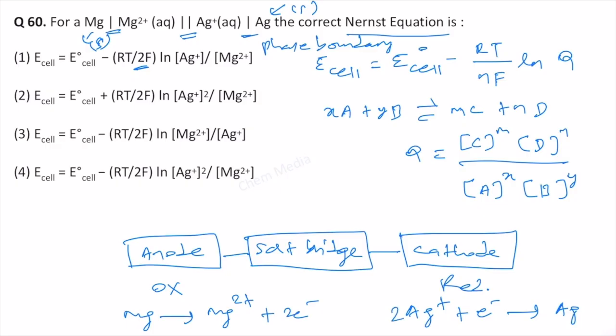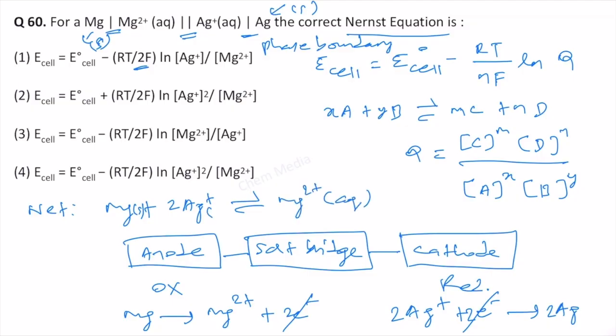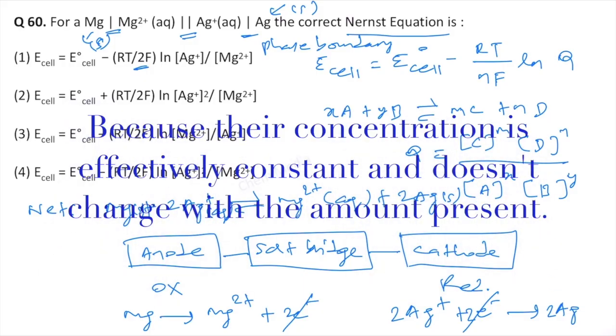That means we need to multiply this entire half cell reaction with 2. So, now we can balance this and write the balanced equation. So, therefore, the net is Mg solid plus 2Ag plus giving Mg2 plus, that is in the aqueous medium. This is also aqueous medium, plus 2Ag solid, and we don't write the solid in the reaction quotient.